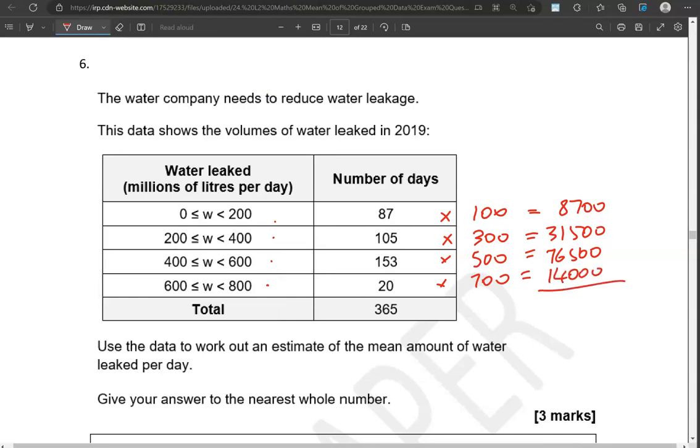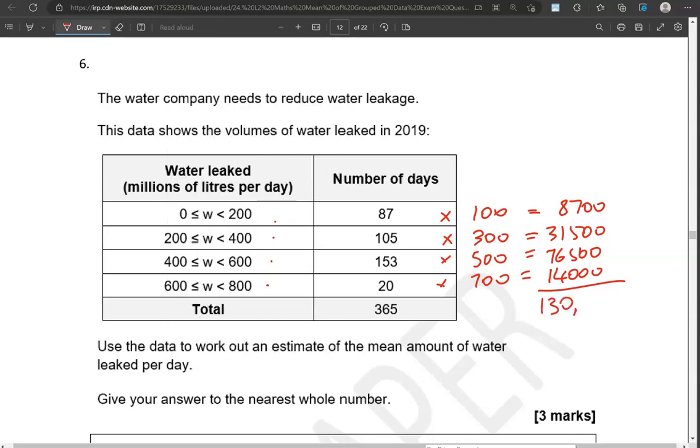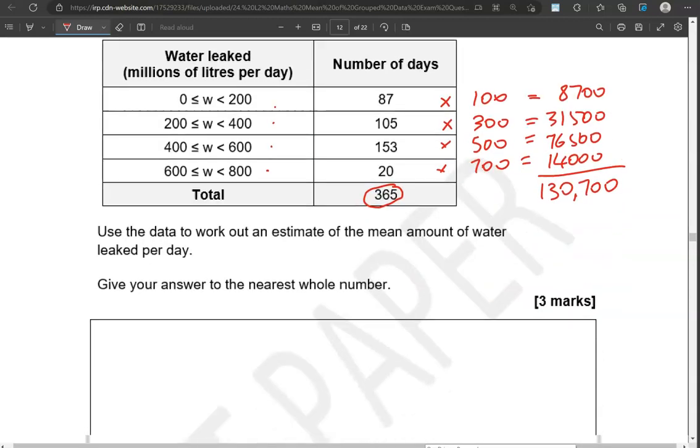So adding all of these together gives us 130,700, which we're going to divide by 365.